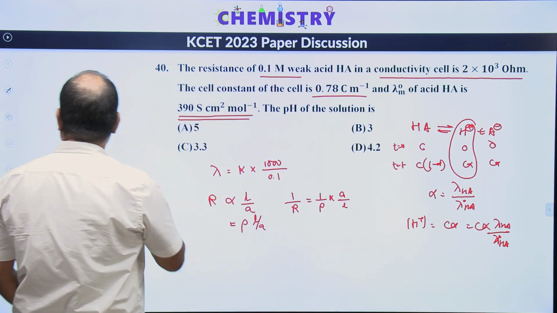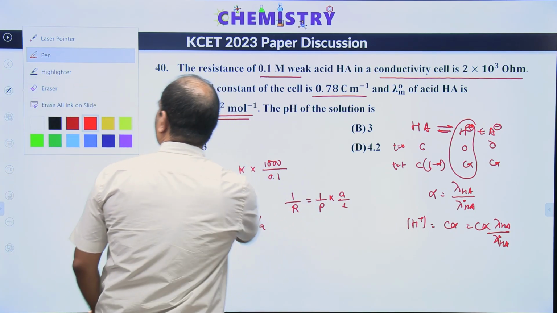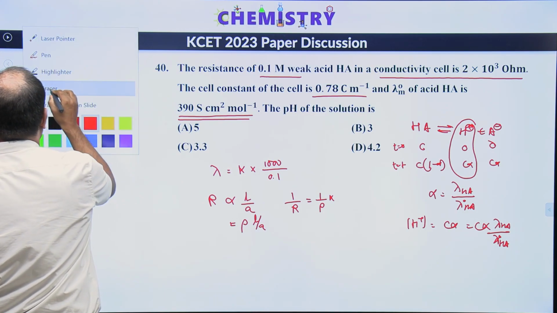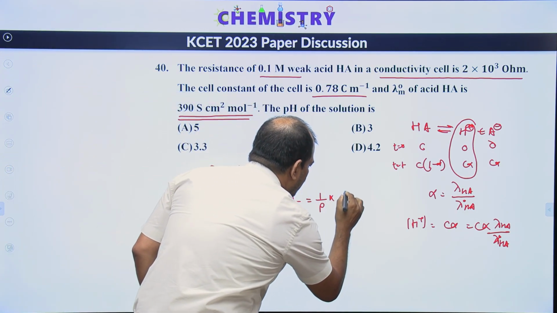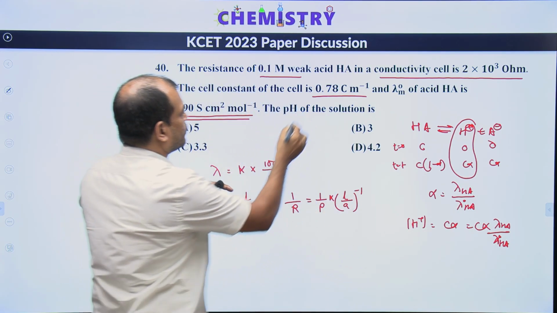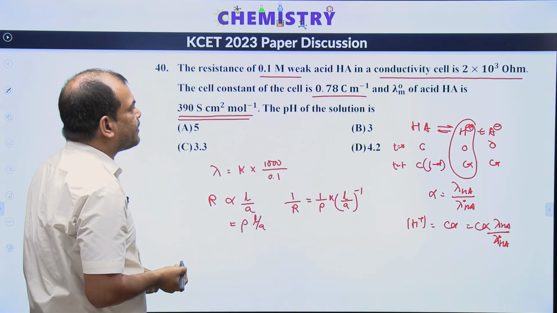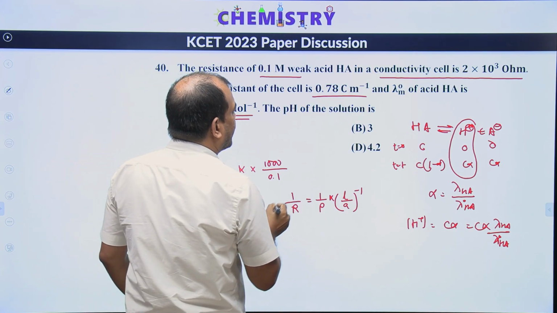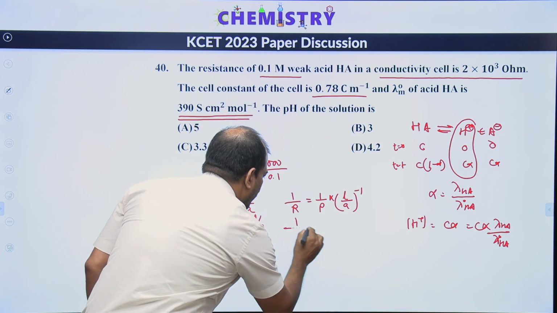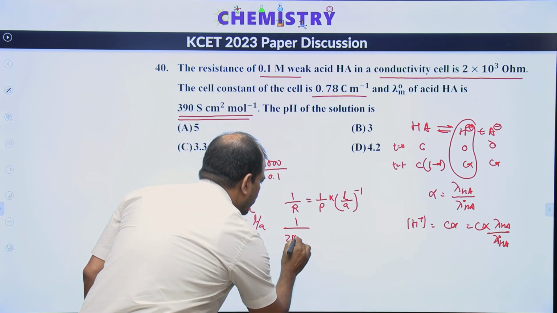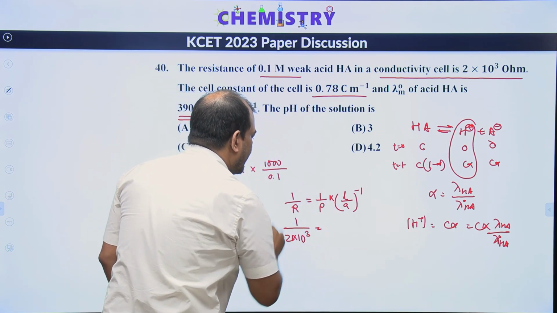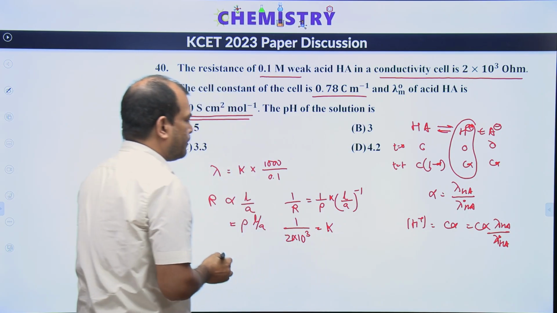It will be better if you mark it in this way, then it will become easy for this equation. Because the L by A value is given to you, I will put the respective values. 1 by R, the resistance, is given to you: 1 by 2 into 10 power 3. 1 by rho is nothing but kappa.